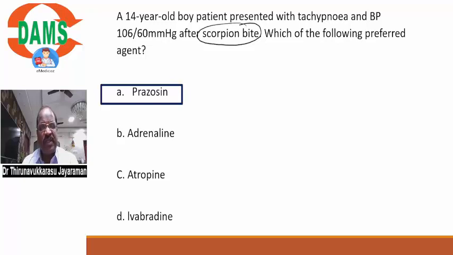So the best drug choice for treatment of scorpion bite is an alpha 1 blocker like prazosin.